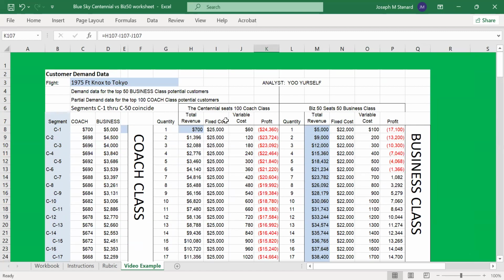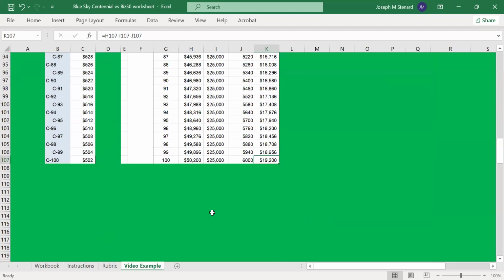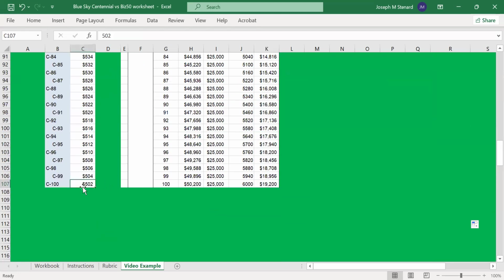We recommend that the Centennial 100 is used, that we charge, in this case, 502, that we will generate 50,000, we will sell 100 tickets, that will generate this much revenue, we'll incur that much fixed cost, that much variable cost, and we'll enjoy that much profit per flight.